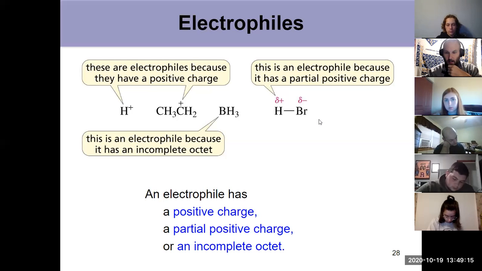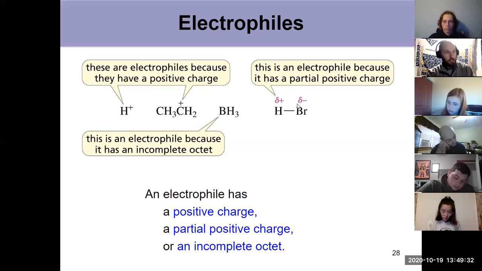Jumping over to HBr over here, this is an electrophile, not the whole thing, but the hydrogen part of HBr. Because of that difference in electronegativity, bromine being the more electronegative, it's pulling the electron density towards it. It's leaving a large partial positive on hydrogen. So that's allowing it to act as an electrophile.